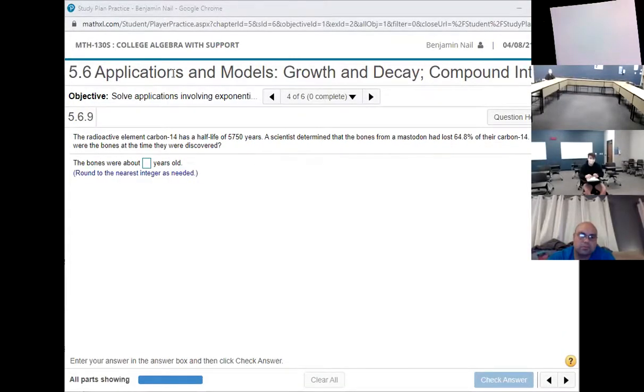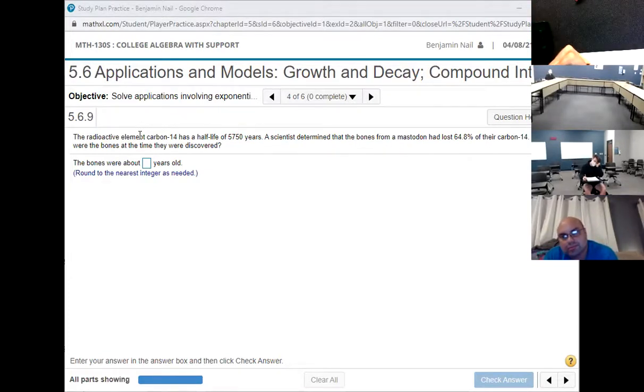So the 5.6 applications and models, growth and decay. So it's talking about carbon-14. So we've got a radioactive element, carbon-14, has a half-life of 5,750 years.